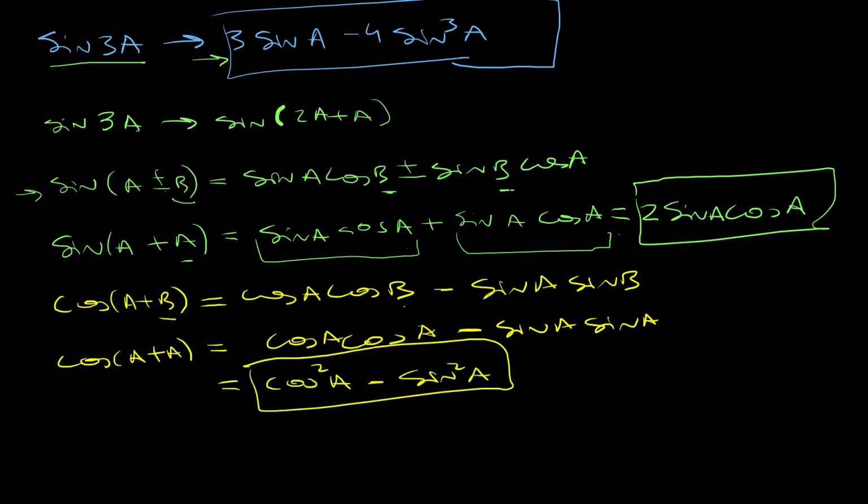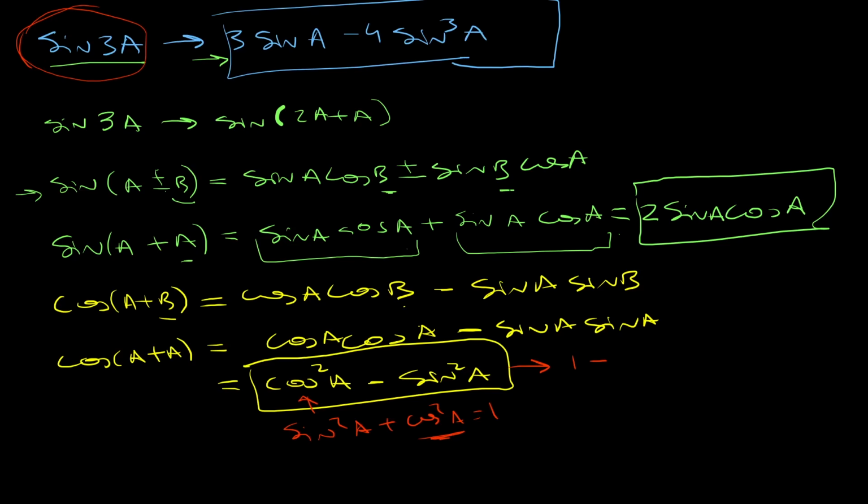And because we are working with sine, we're going to use a substitution here. We know from the trigonometric identity that sine squared of a plus cosine squared of a is equal to 1. So in our specific example, since we are working with sine, this is the one that we are interested in, so we're going to change the cosine to the sine version, its counterpart. So cosine squared here becomes 1 minus sine squared of a.